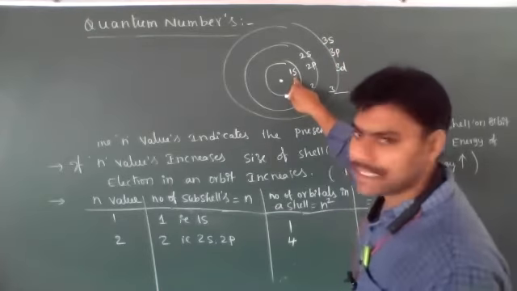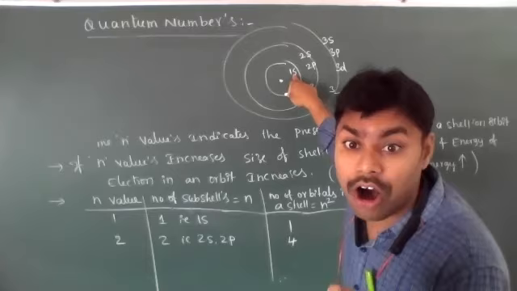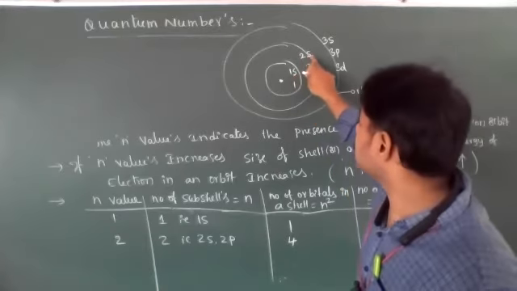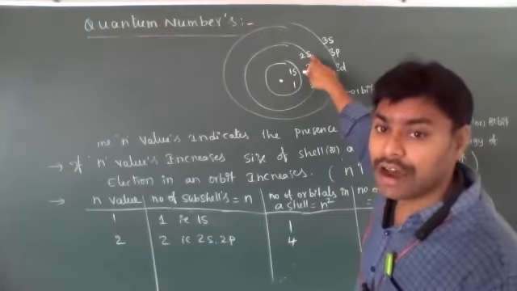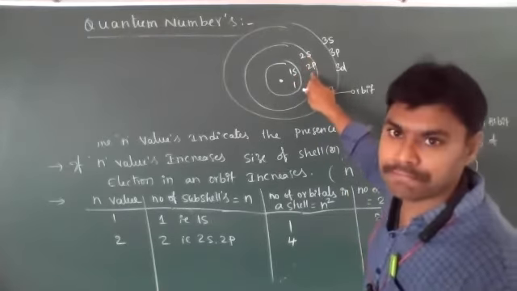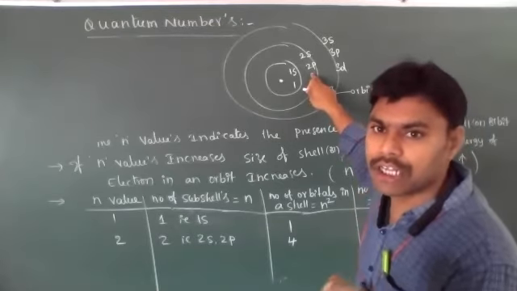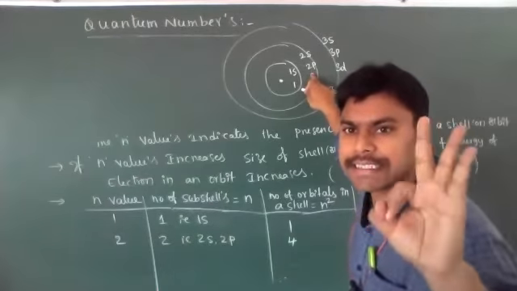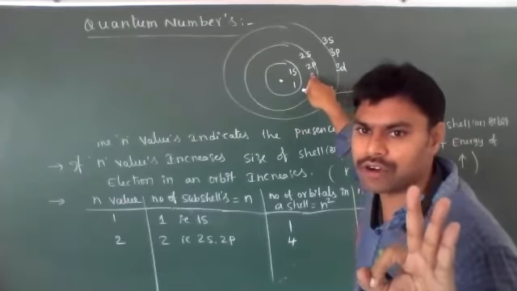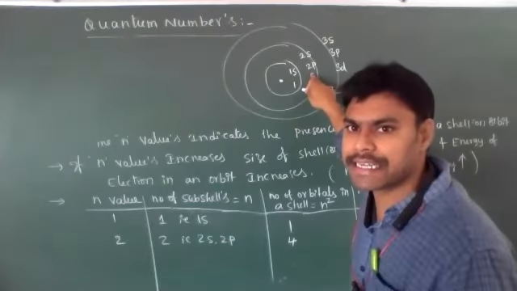In this, 1s is a subshell, but s is called an orbital. 2s is a subshell, but s is called an orbital, and 2p is a subshell. Px, py, pz are called orbitals. So the 2p subshell contains 3 orbitals, px, py, pz.